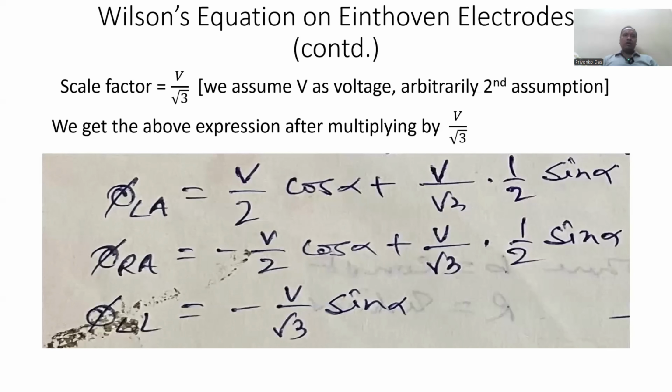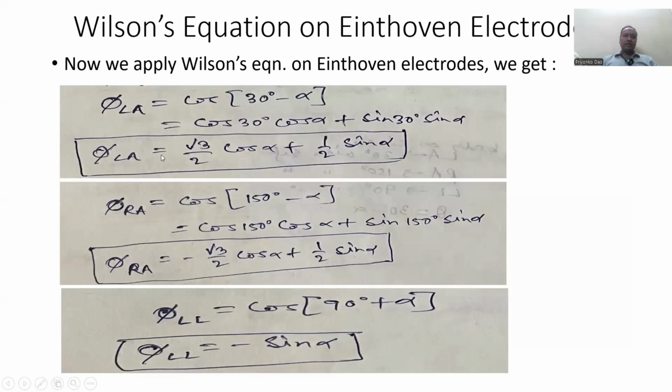Now the second scale factor as assumed by Wilson is V by root 3. This is an arbitrary second assumption by Wilson, and he multiplied that value of V by root 3 with all three expressions obtained for the potentials at the left arm, right arm, and left leg.